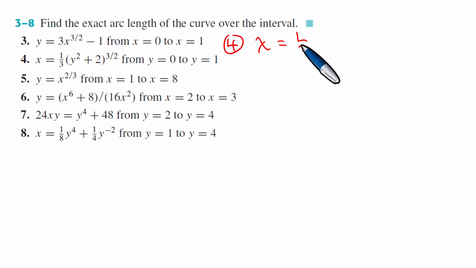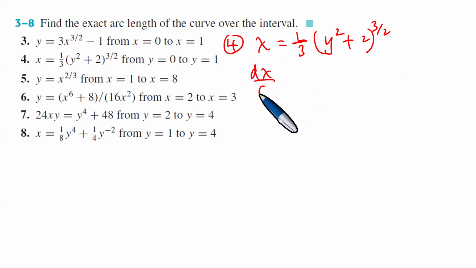X is equal to 1 out of 3 y squared plus 2 to the power 3 out of 2. Okay. Now we continue. Because now we have x already the subject, we can just find dx dy. Bring down the 3, it becomes 1/2. Subtract 1 becomes 1/2.